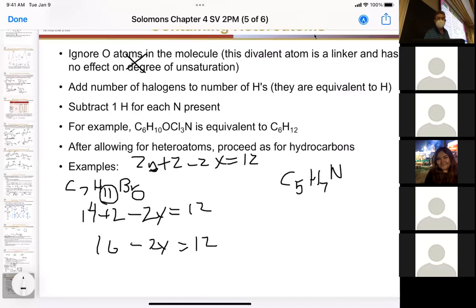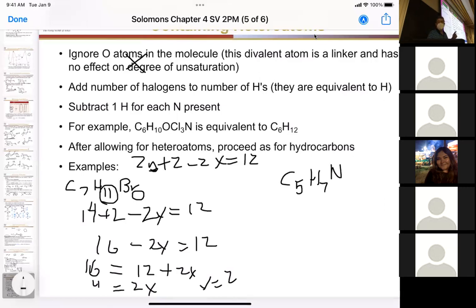I'm going to add 2X to both sides, so 16 is equal to 12 plus 2X. Now I'm going to subtract 12 from both sides. That gives us 4 is equal to 2X, which makes X equal to 2. So that means we have 2 double bonds, a ring and a double bond, or 2 rings in this compound.